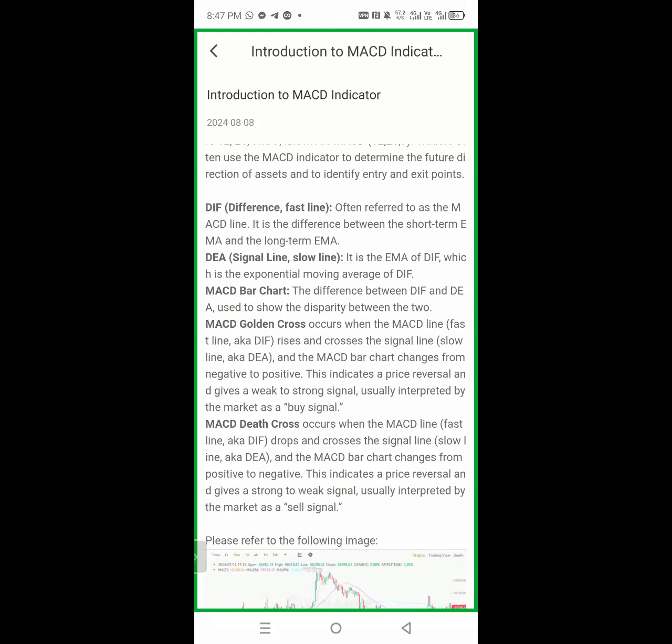it crosses the signal line, the slow line, and the MACD bar chart changes from negative to positive. That is the golden cross. You understand?